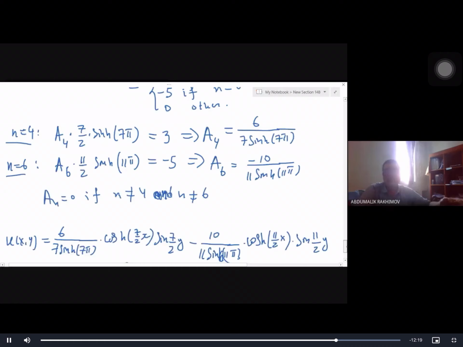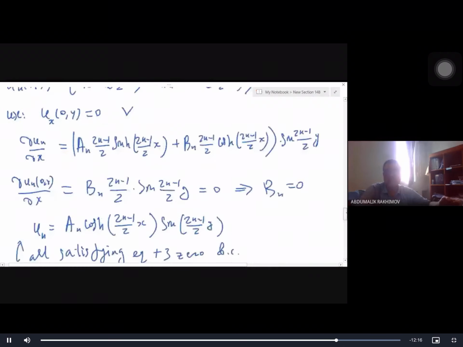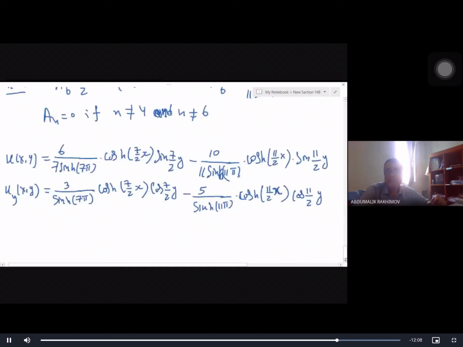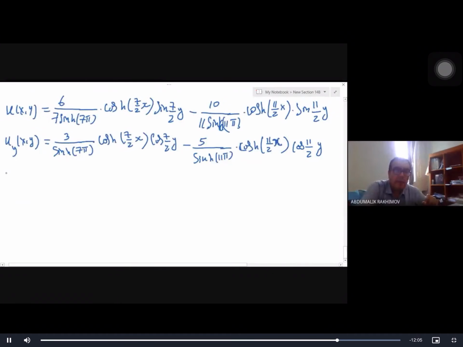I need one more derivative because I want to check all boundary conditions. I need u_x, I need u_y, so both I need, right? And now I need u_xy. If I differentiate this cosine, 7/2 comes again, so this will be 3 over sine hyperbolic 7 pi.